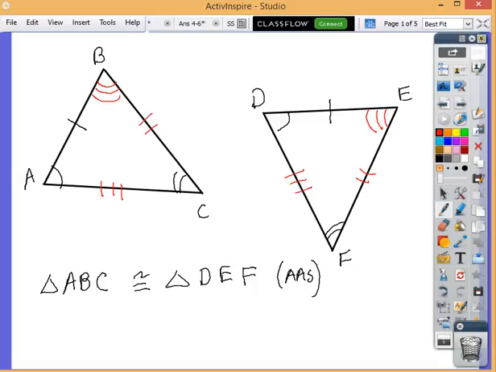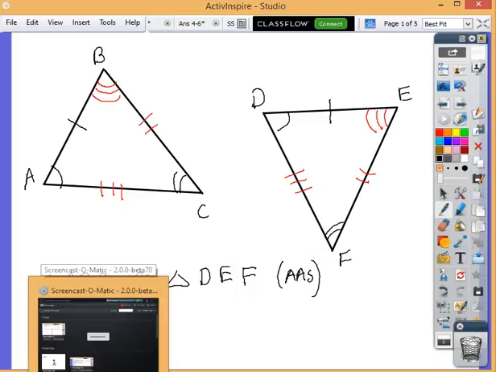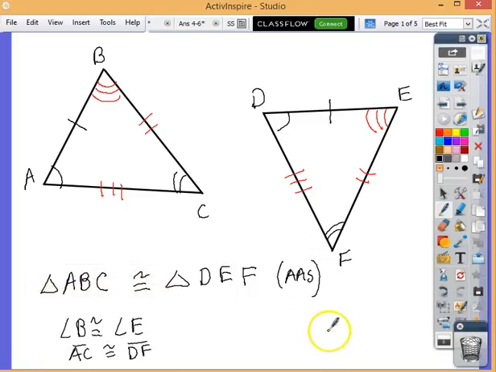If I wanted to include a statement in a proof to now say that angle B is congruent to angle E, I could, because now that's actual factual information. Or if I wanted to say side AC is now congruent to side DF, I could do that now because that's actual factual information.